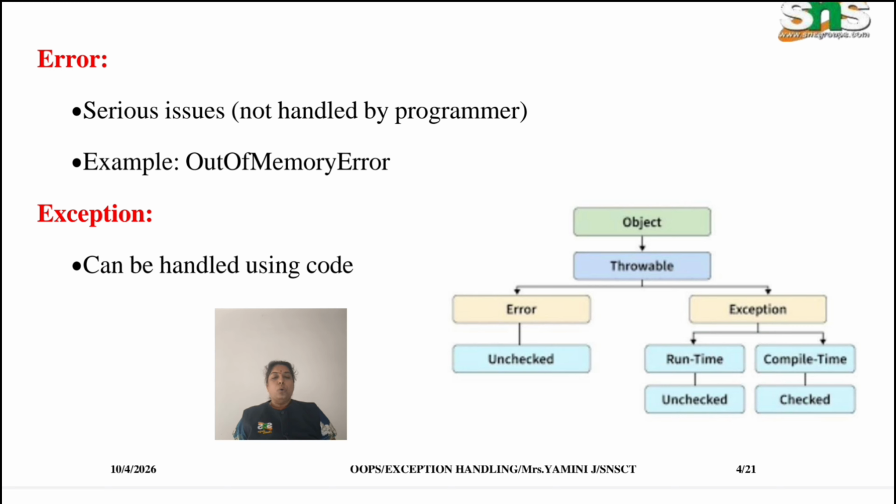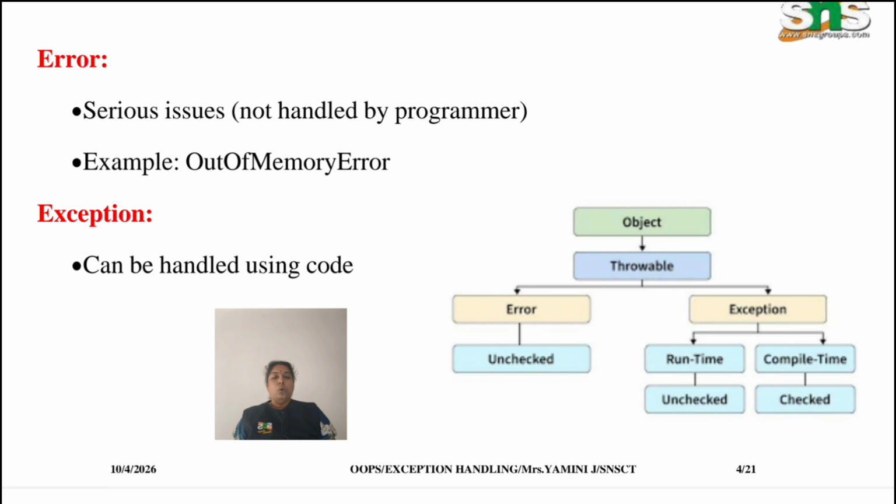Next one, checked exception. There are two major types of exceptions in Java. The first type is a checked exception, also known as a compile time exception. These exceptions are checked by the compiler before the program runs.